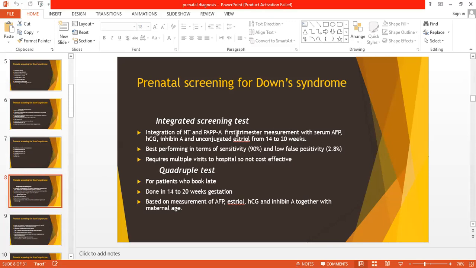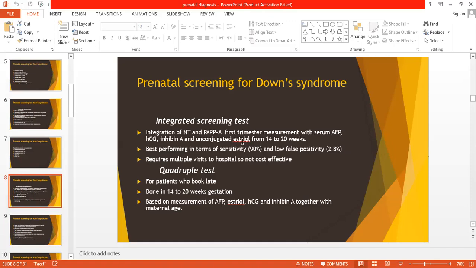So 5 things are taken into account, 2 of them from the first trimester, and they're integrated with 3 of them in the second trimester. 4 of them, sorry, the alpha fetoprotein, the HCG, the inhibin A, and unconjugated estriol.